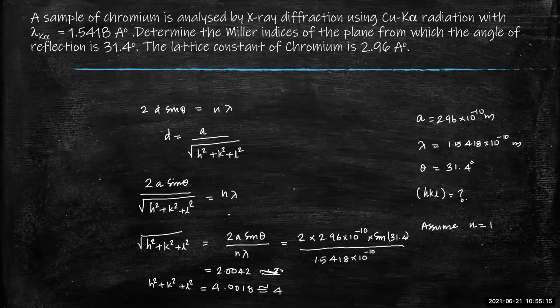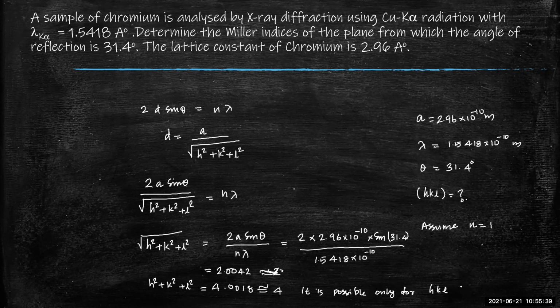Here h square plus k square plus l square is equal to 4, so that combination is possible only for 200, or the combination of these, 020, 002, etc. So the HKL parameters must be equal to this one.